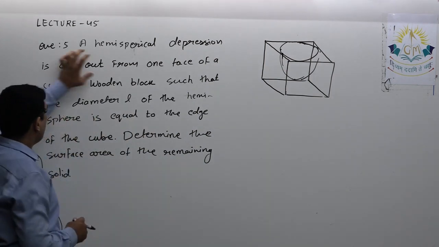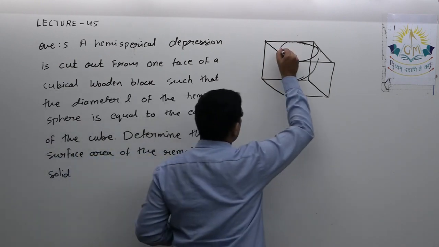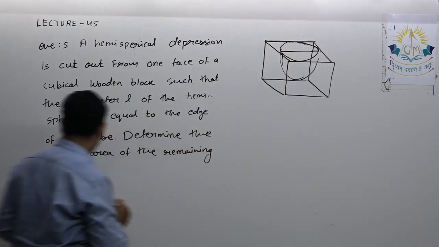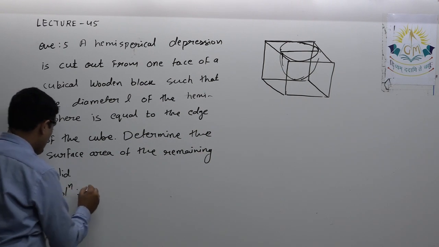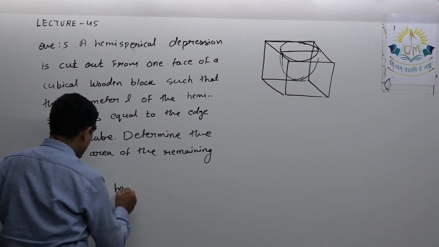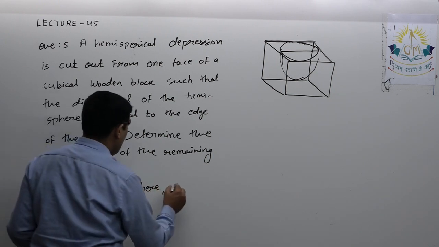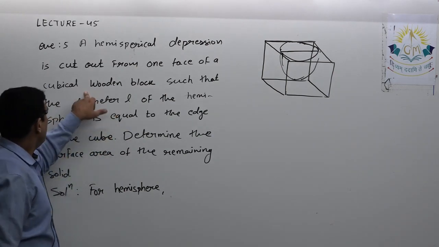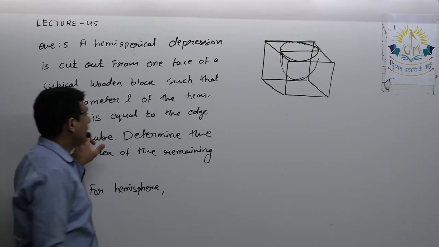Now, what else is given? The diameter of the hemisphere is equal to the edge of the cube. So for the hemisphere, the diameter is given as L, such that the diameter L of the hemisphere is equal to the edge.